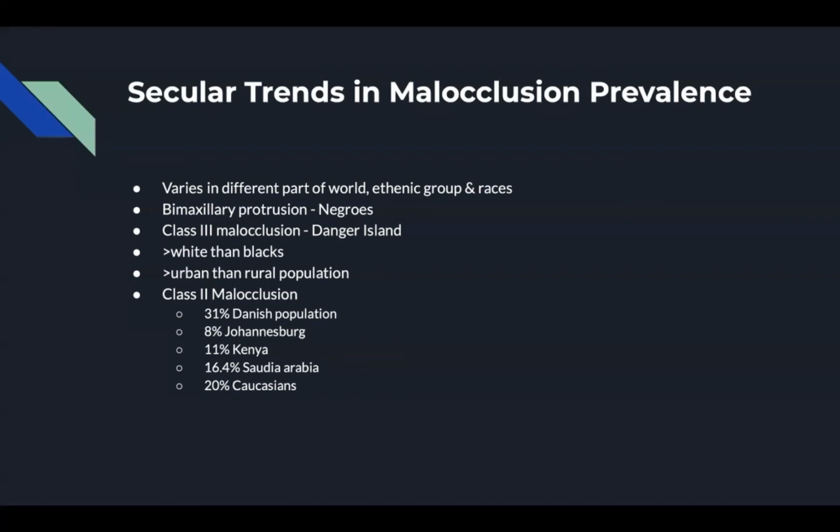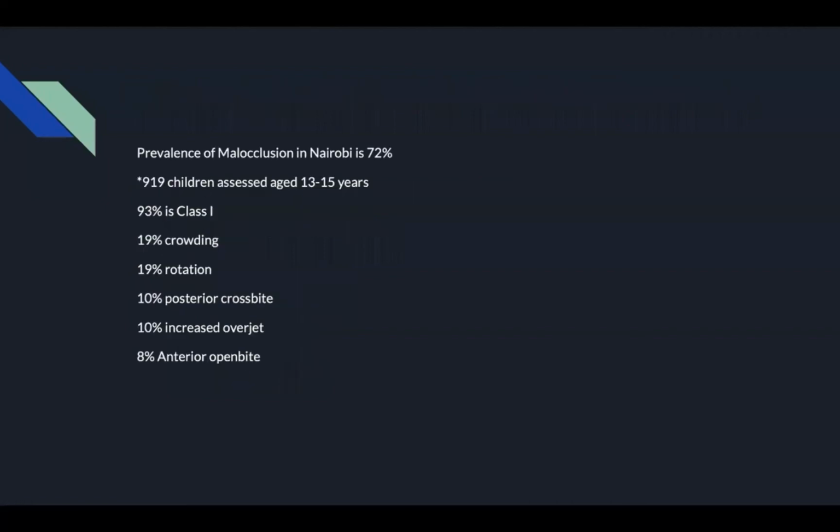If you see class 2 malocclusion incidence, it's 31% in the Danish, 8% in the African population, like South Africa, 11% in Kenya, 16% in Saudi Arabia, like Asians, and 20% in white people.